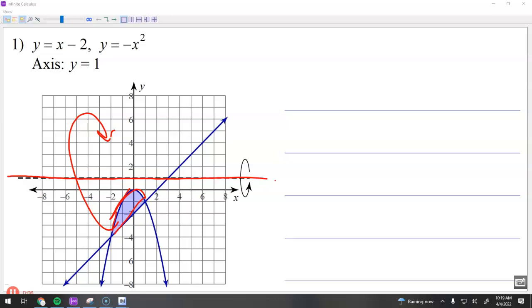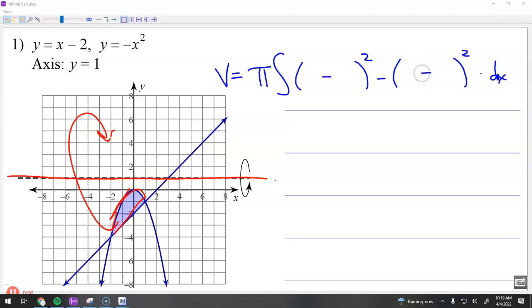Alright, so I kind of set it up like this. That doesn't make sense.